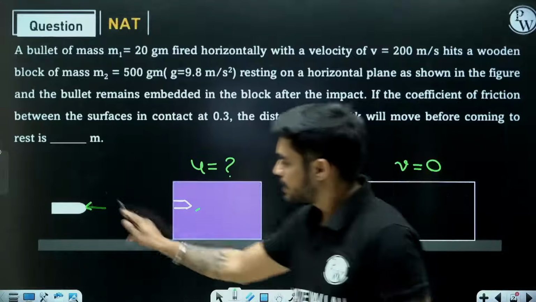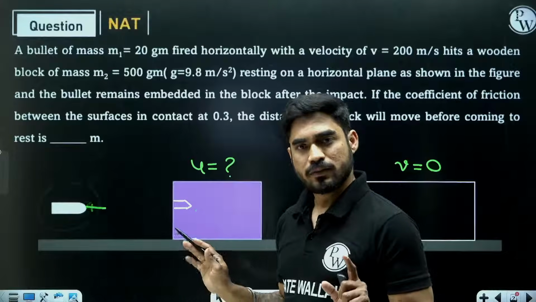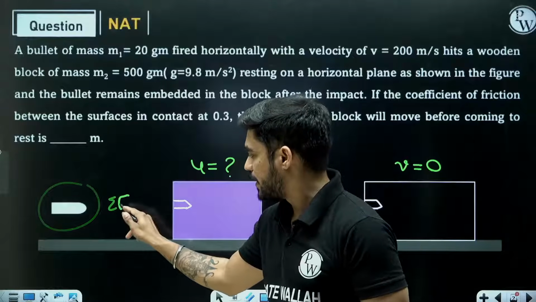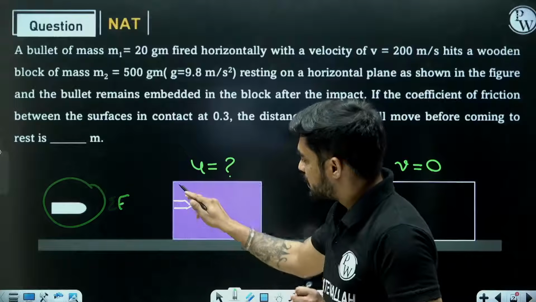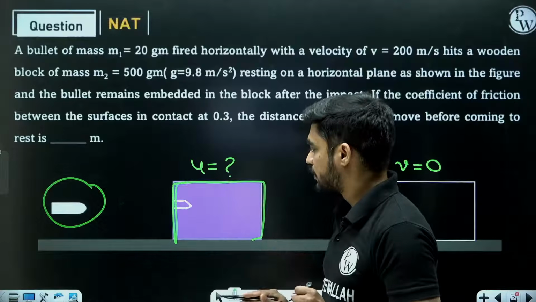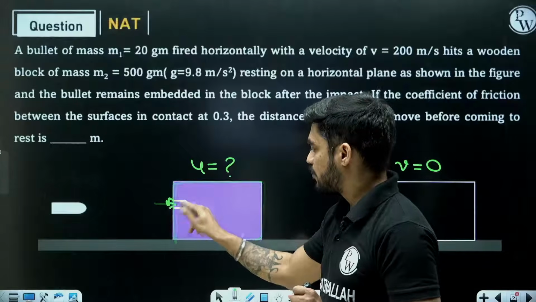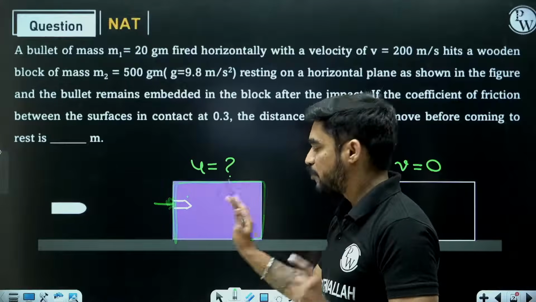If I consider the bullet alone, there is an external force acting on the bullet, so the momentum of the bullet is changing. If I consider the block alone, there is an external force acting on the block, so the momentum of the block is also changing.